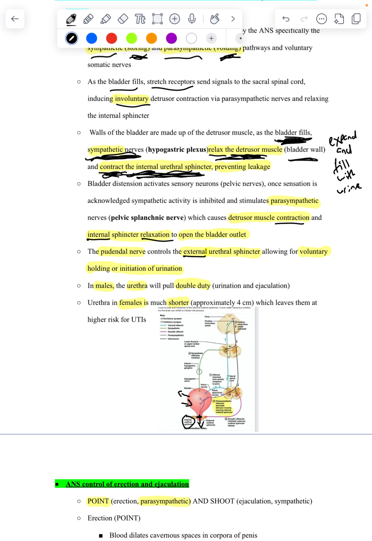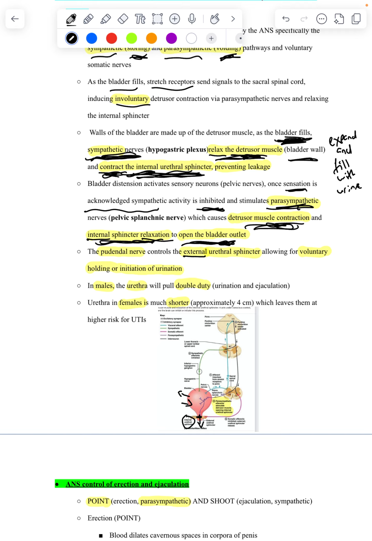Then, when it gets to a point where it's too distended, the sensation will acknowledge the sympathetic activity, and then it'll be inhibited by the parasympathetic. So now we'll get the opposite. Now your detrusor will contract, and your internal sphincter will relax or open so that we can void the urine.